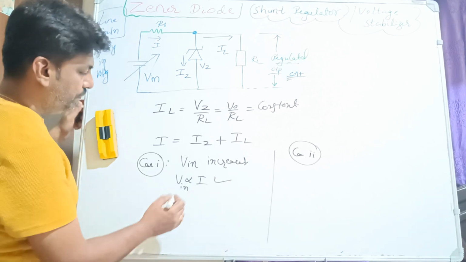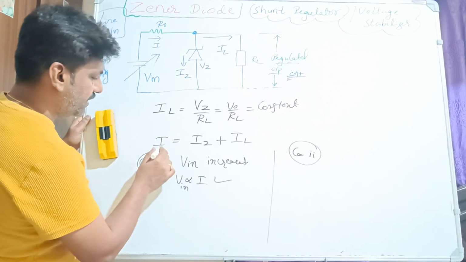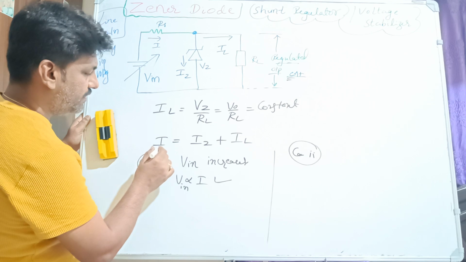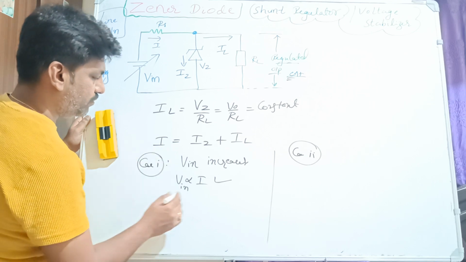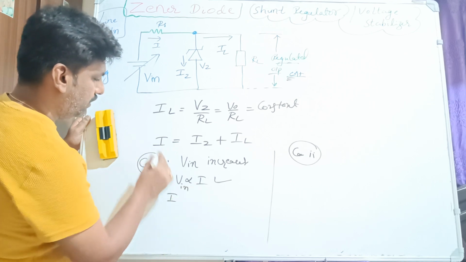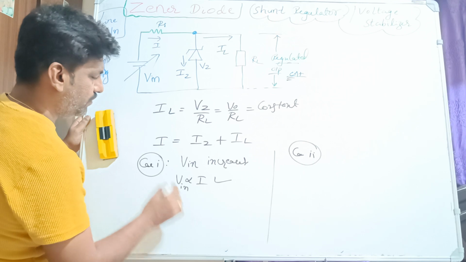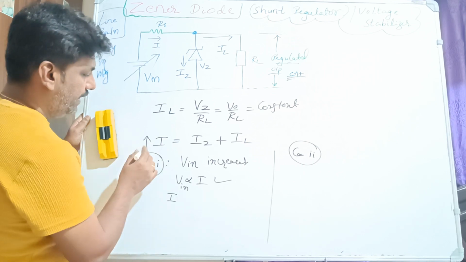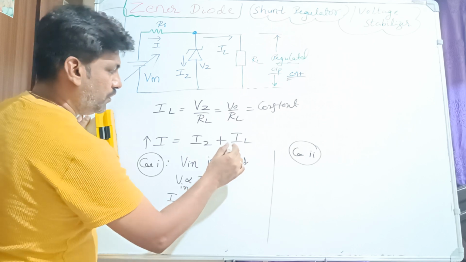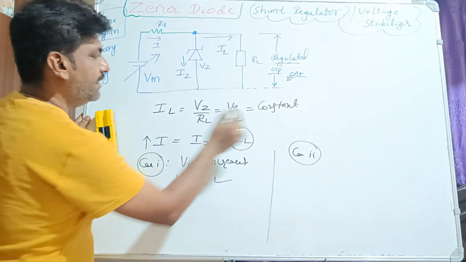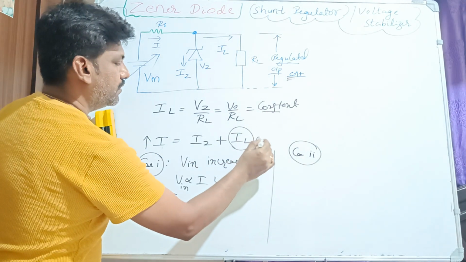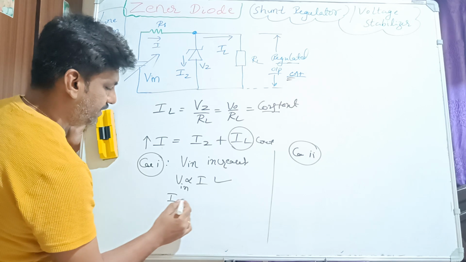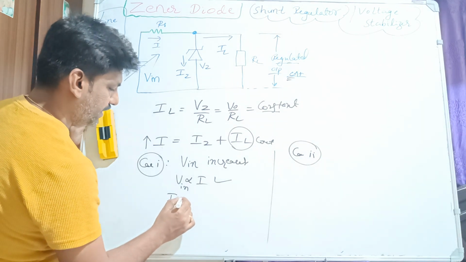So if current I increases, look at the LHS; it starts increasing. If this increases, what about IL? IL is constant. So I will write here that I is increasing.